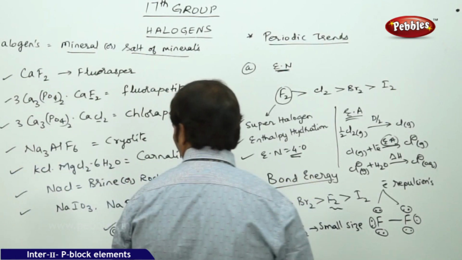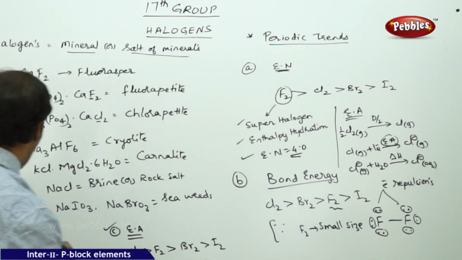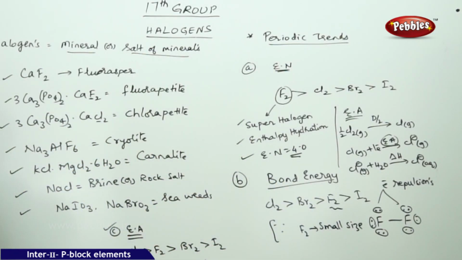And apart from that, I think I can add one more, that is the oxidizing power among halogens. Yes, fluorine is considered a super halogen. Next comes chlorine, next comes bromine, and next comes iodine.